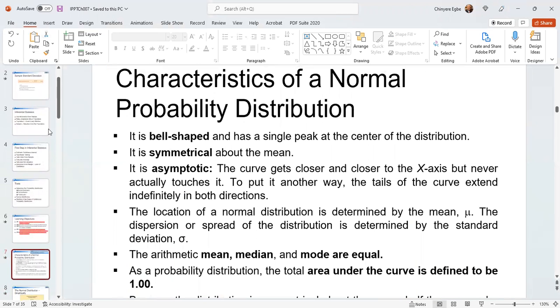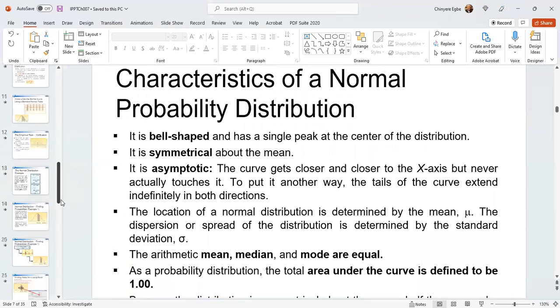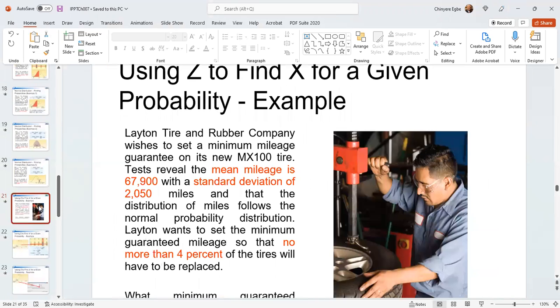All right. So we're going to focus on the normal distribution.